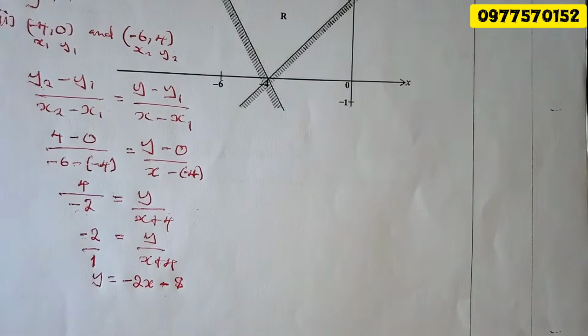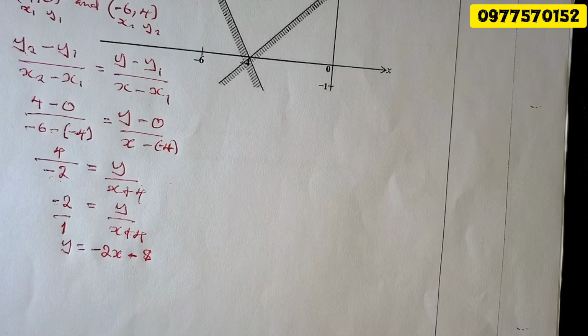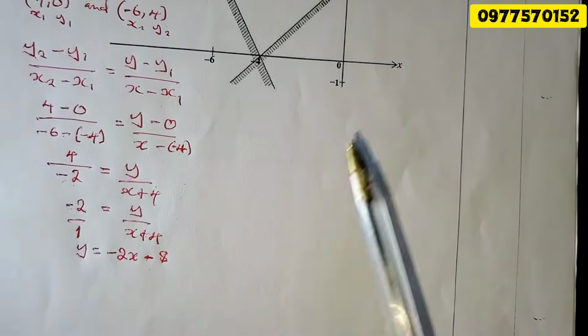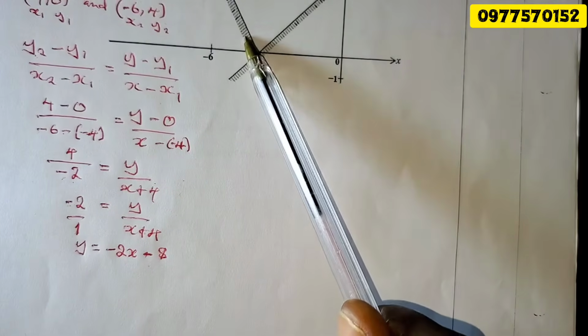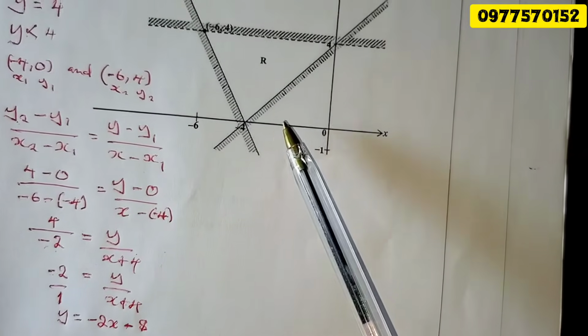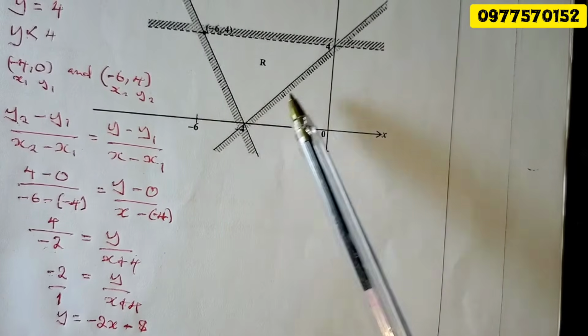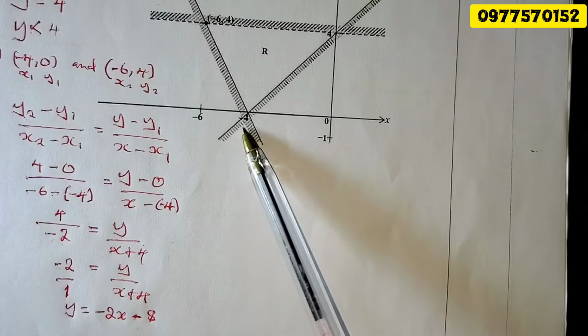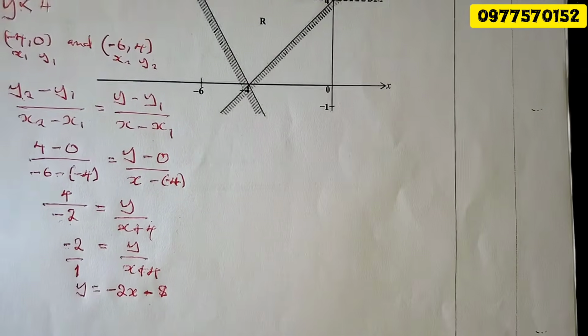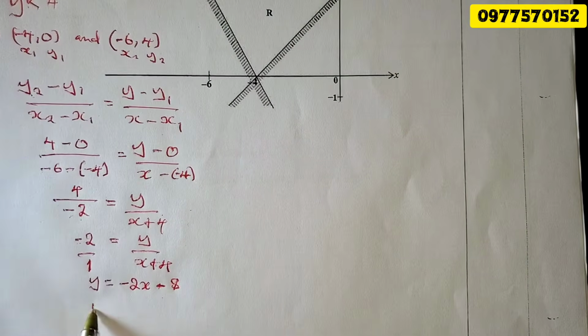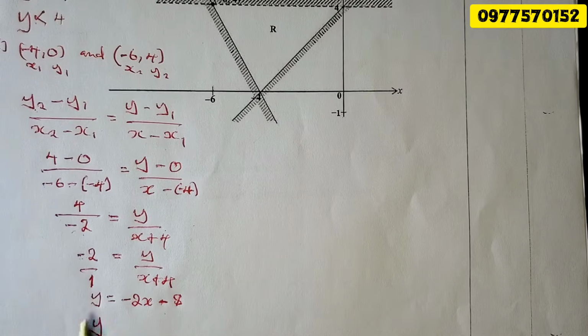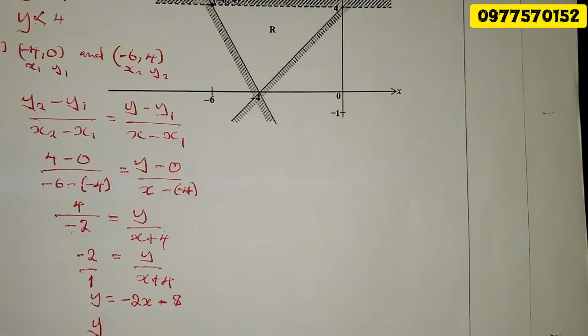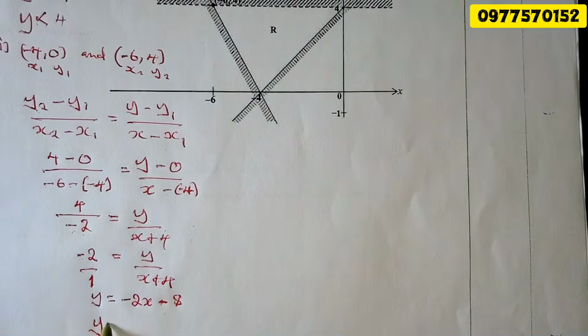Now we need to write the final answer as the inequality. Are we together? As the inequality. So we check. Look at this, this is what we are solving here. The wanted region is on the greater than side, and the unwanted is on the less than side. So here we're going to write y is greater than, because the wanted region is on the greater than side.